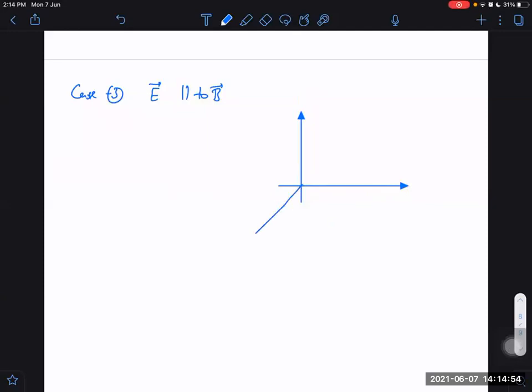No need to draw the z-axis. Let us say B is along Z and E is also along Z. It is represented here.